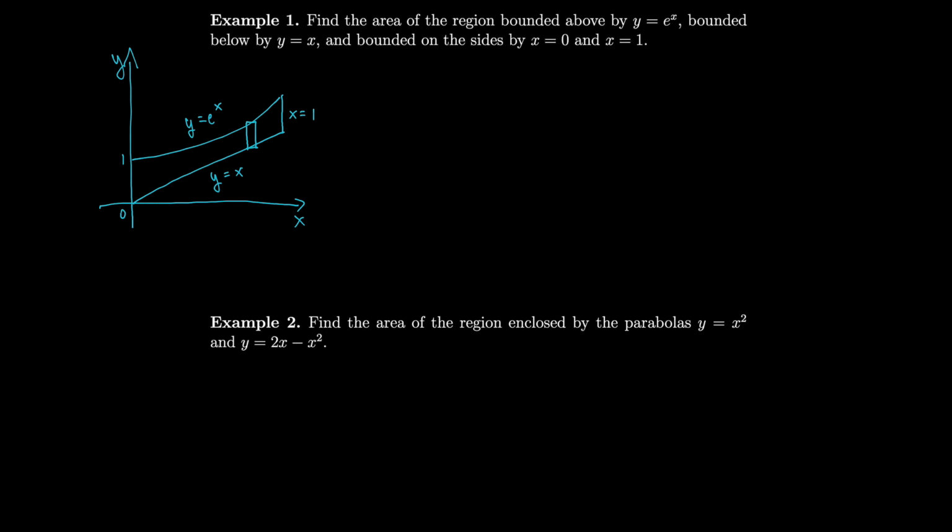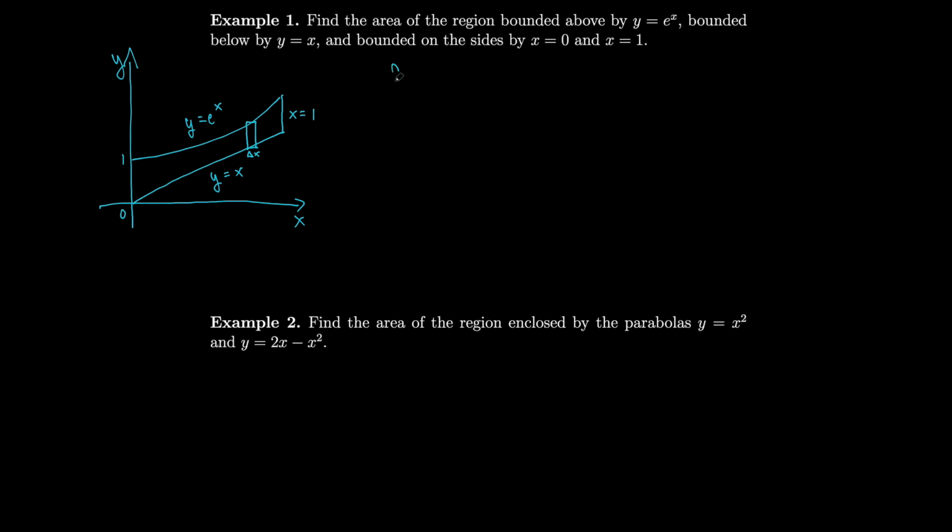It will have a height equal to e to the x minus x, because it'll be the difference in the two y values. The width is a tiny little delta x, a tiny little change in x. Assuming that we take the limit of this Riemann sum, then we are just drawing tons and tons of rectangles as their widths get smaller and smaller.